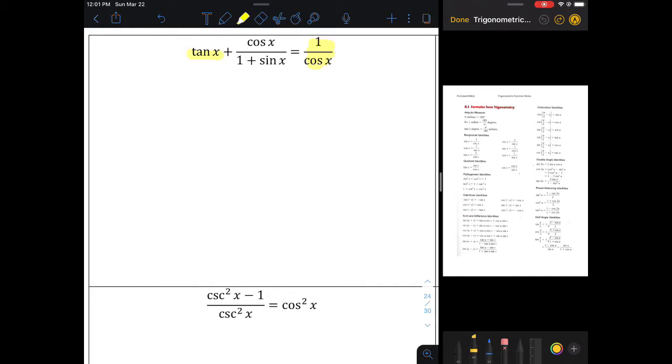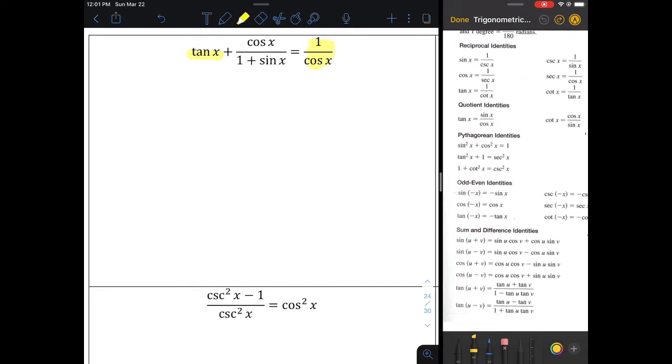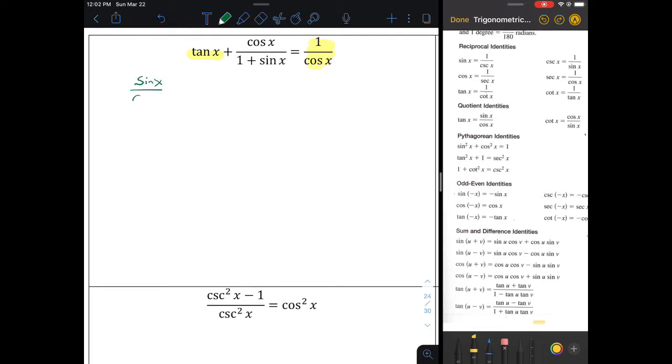Tangent is equal to sine divided by cosine. It's one of our quotient identities. So I'm going to rewrite tangent as sine over cosine. So tangent is sine of x divided by cosine of x.